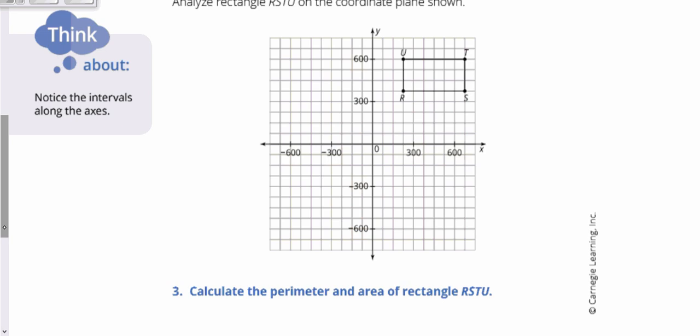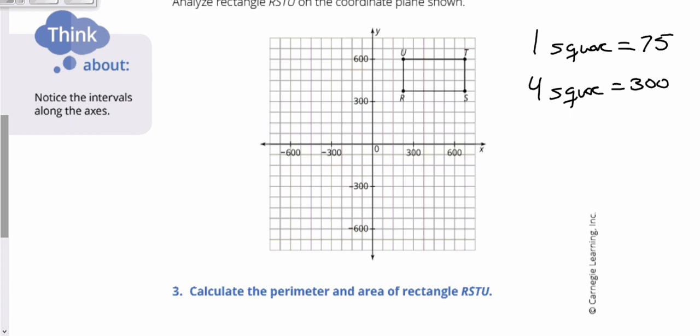So we need to think through how to figure out what 1 square equals, if 4 squares equals 300. The easiest way is to take 300 and divide it by 4. And you get that 1 square is equal to 75.